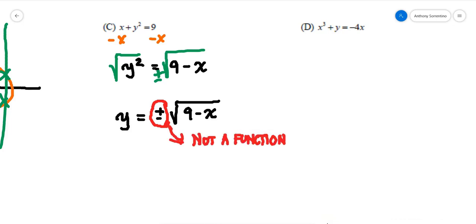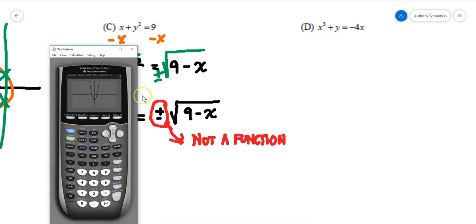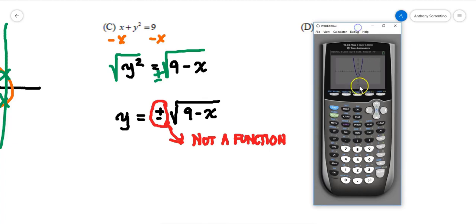And I can show you why, because first of all, for me to do this on my calculator, I had to enter it in two different parts. Clear that. I had to first do the square root of 9 minus x. And then I had to do negative square root of 9 minus x.